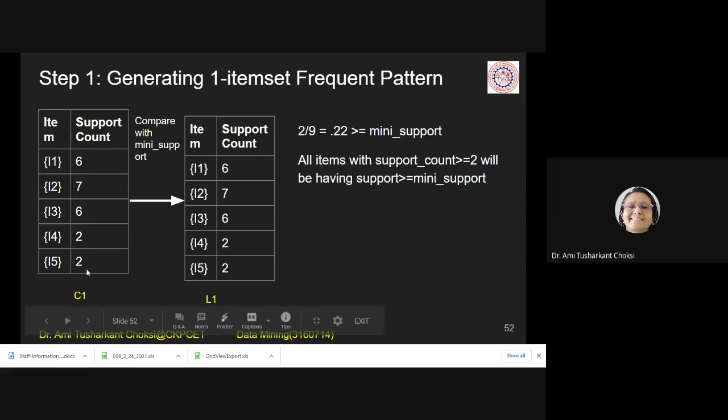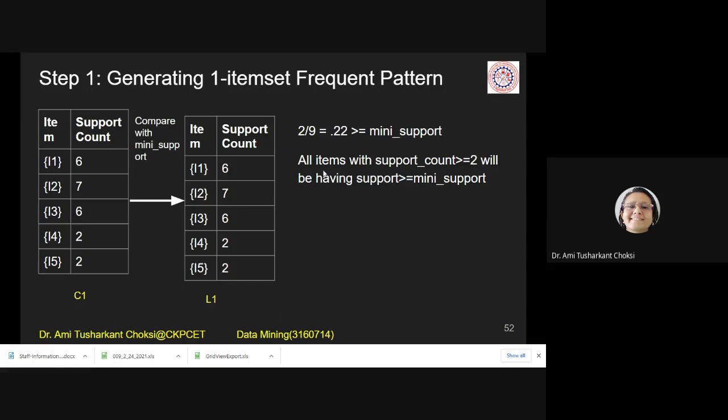So here C1 and L1 will remain the same because all the items in C1 are greater than or equal to the minimum support. In L1 we'll have all the items I1, I2, I3, I4, I5, and whatever the support is, that's what we are writing here, because all of them have support greater than or equal to the minimum support.